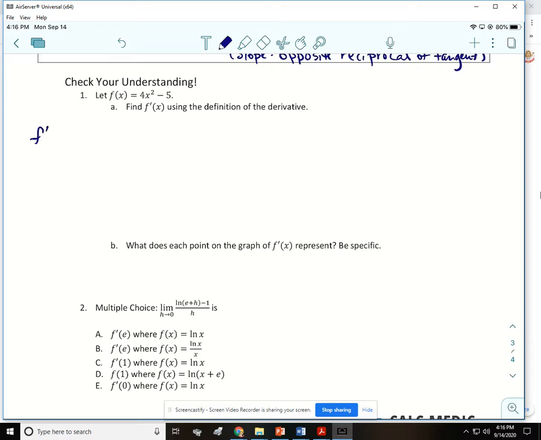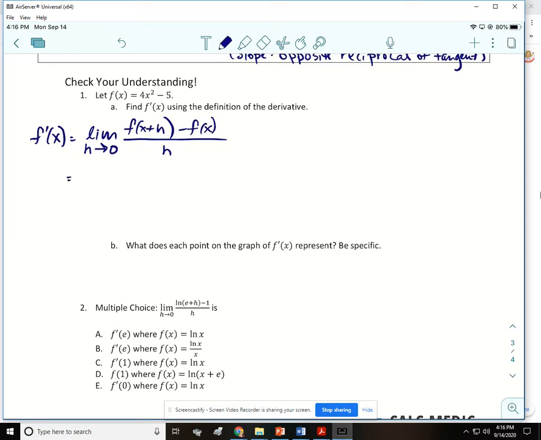So we're going to do f prime of x. When we don't have a value for x, we have to use the one with h. So the limit as h approaches 0 of f of x plus h minus f of x over h.